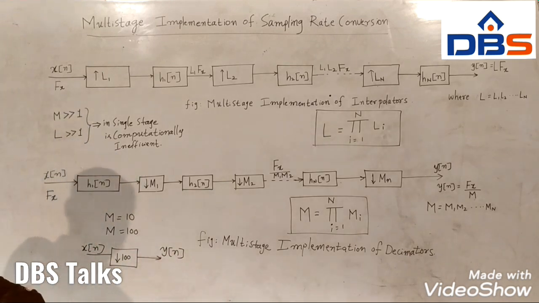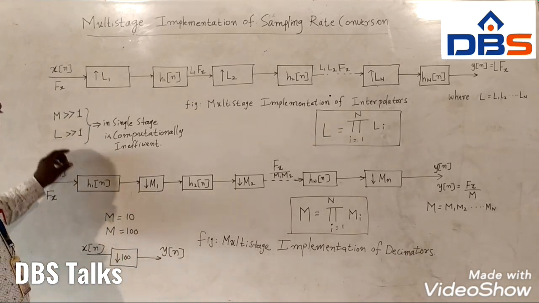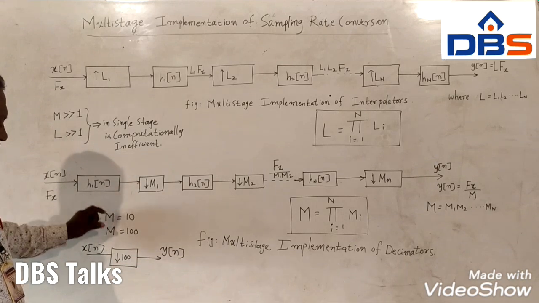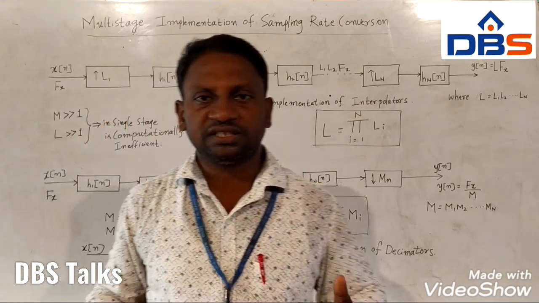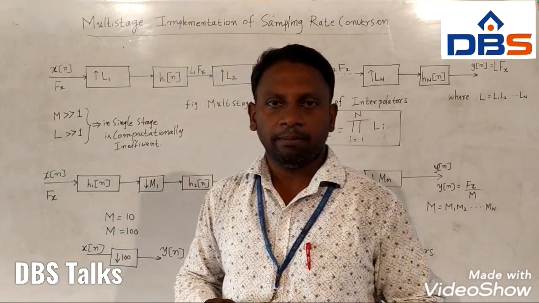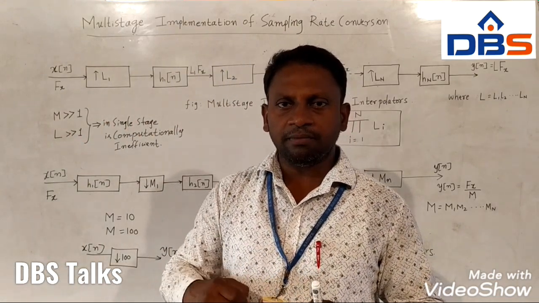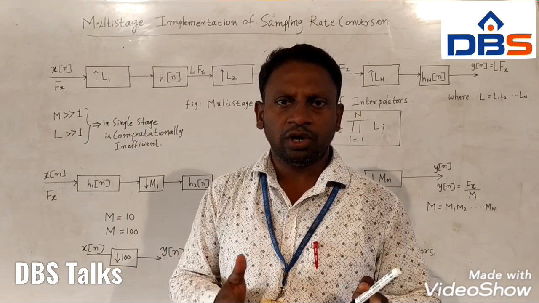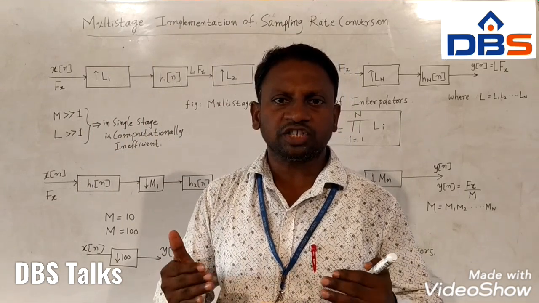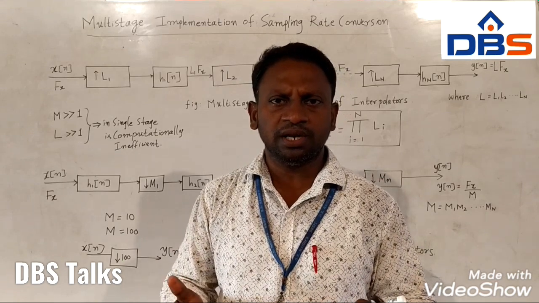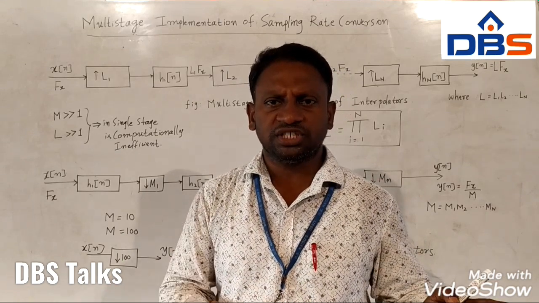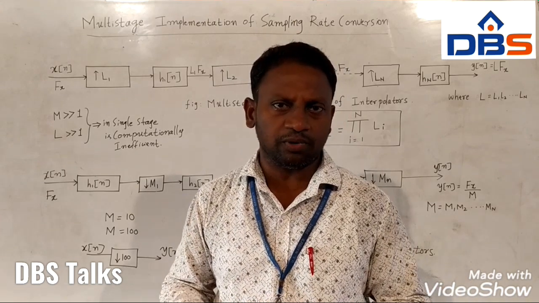Implementing down conversion or decimation by 100 in a single unit is not an efficient mechanism, because in a single block we have to discard M-1 samples.